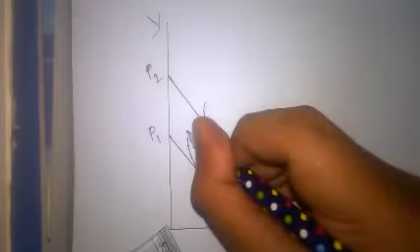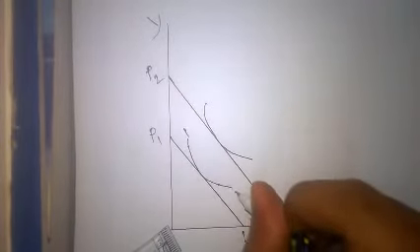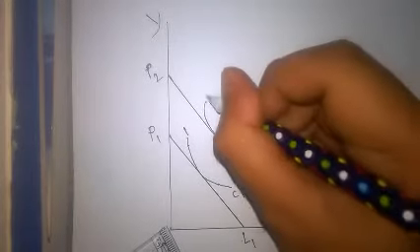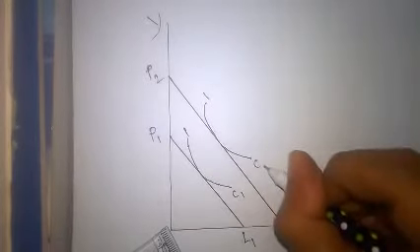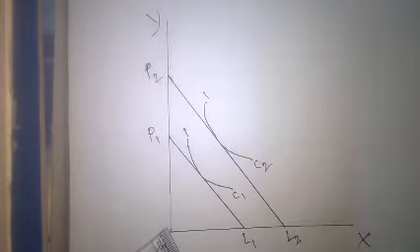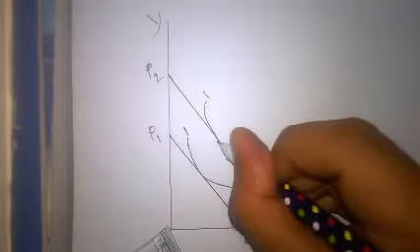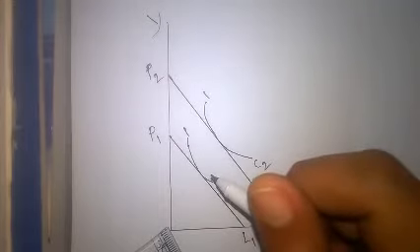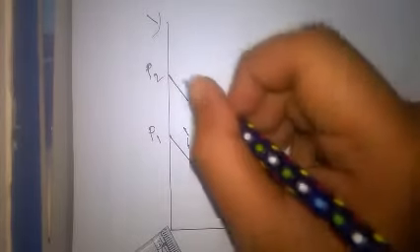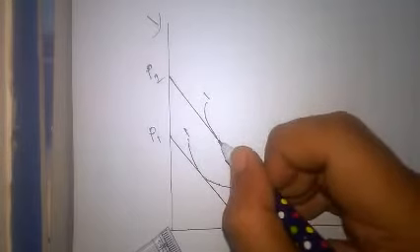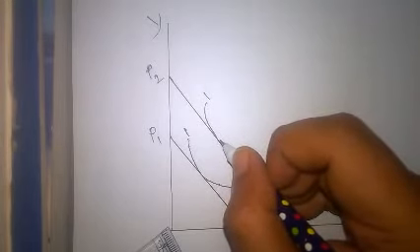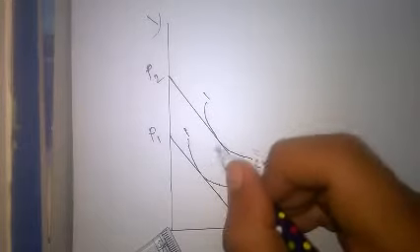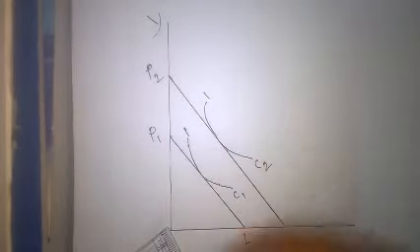So let's put some values like this is IC1. IC1 means indifference curve 1. IC2, which means indifference curve 2. So this is another intersection point. We know that the point where indifference curve and budget line intersect is an intersection point or equilibrium point. Okay, so we're getting two equilibrium points in here.